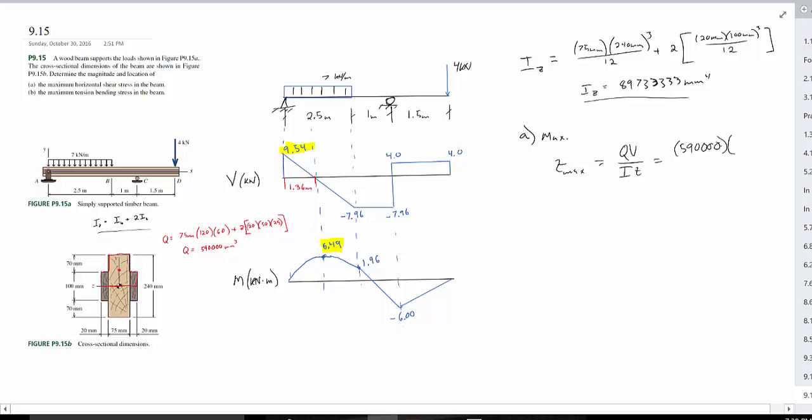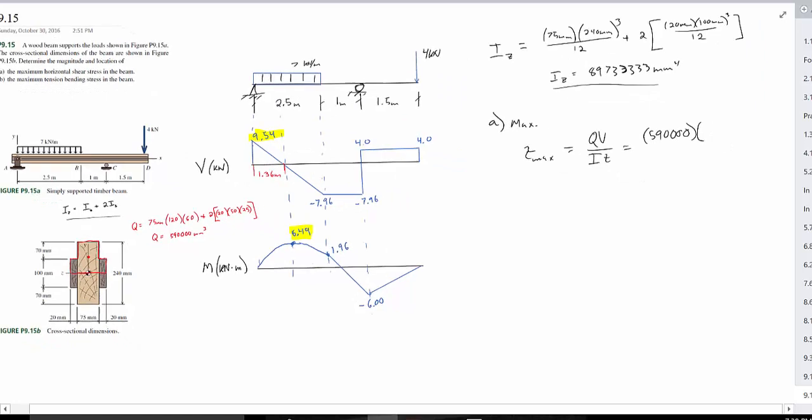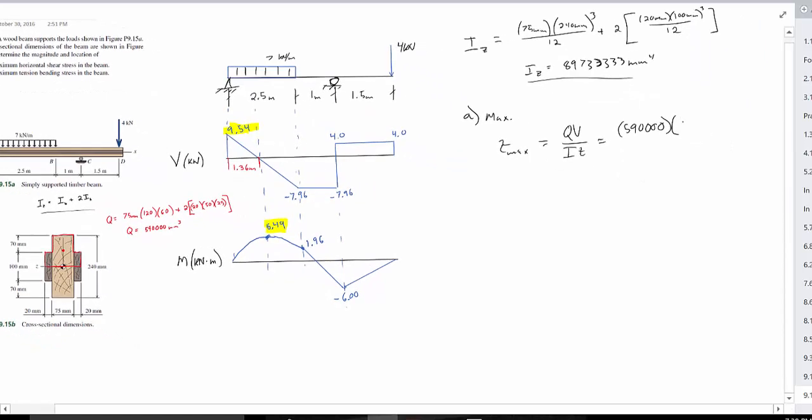Our shear max is going to be 9.54 kilonewtons, which we'll turn into 9,540 newtons. And our moment of inertia, which we've already determined, is 897,333. And then the thickness.